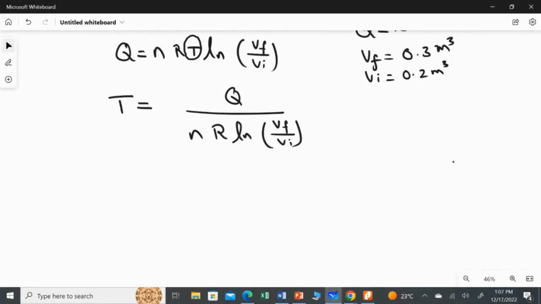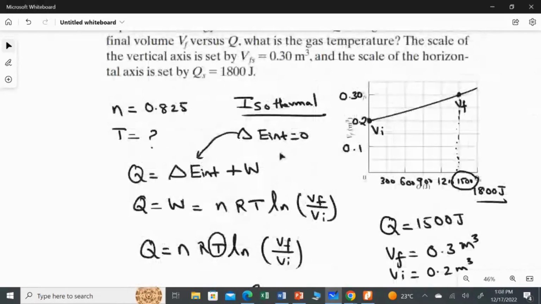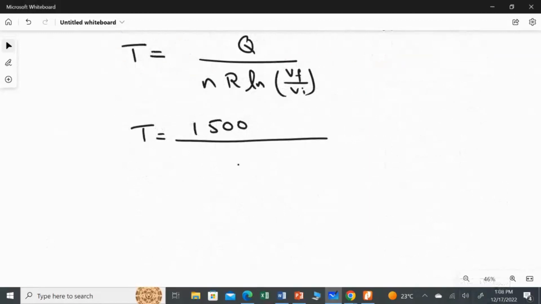So T equals our heat energy 1500 over the number of moles of gas, which is already given in the question as 0.825 mole, multiplied by the ideal gas constant 8.314, multiplied by natural log of our V final, 0.3, over our V initial, 0.2.